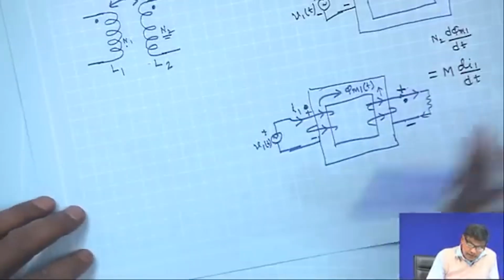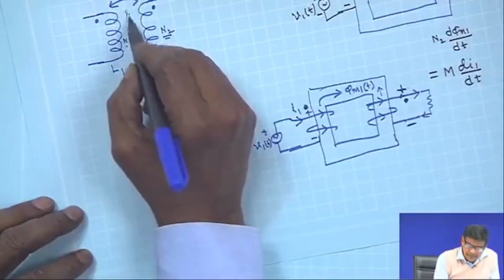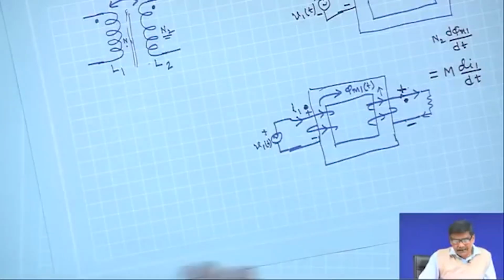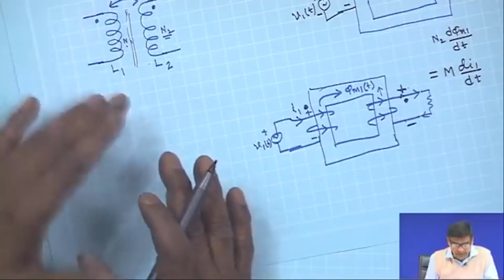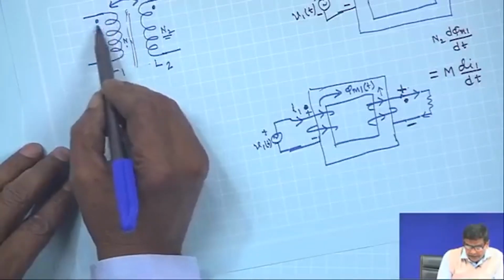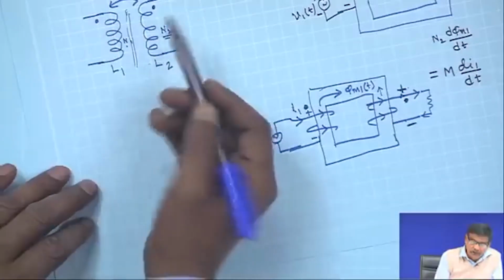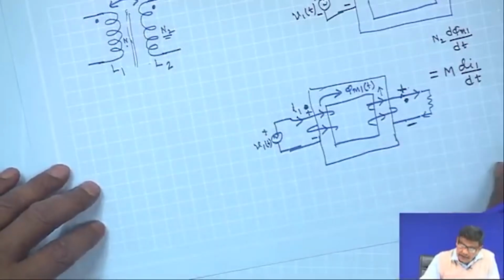The core material I am not showing; people draw it like this for clarity in the picture. From this diagram you cannot find out the sense of the winding. Anyway, dots are provided, I am happy with that.